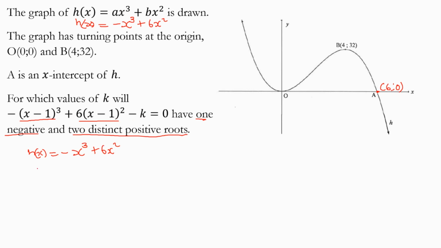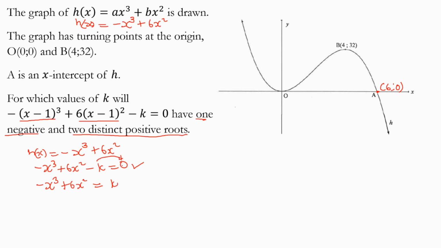If I say, for which values of k will negative x cubed plus 6x squared minus k is equal to 0 have three distinct roots, what do we do? You have to equate your function to k. So we say negative x cubed plus 6x squared is equal to k. You transpose k and bring it to this side.